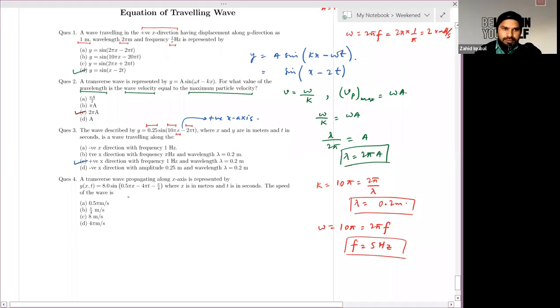Question number 4. A transverse wave going along positive x-axis is represented by this. So the first term will be amplitude, k, omega, and phase difference. We have to calculate speed.